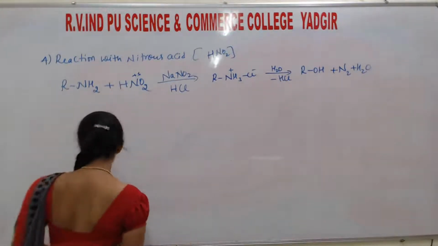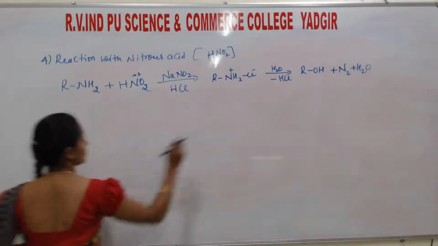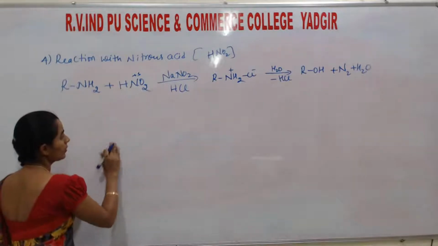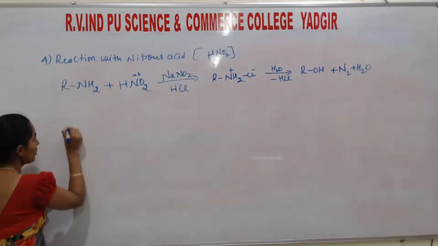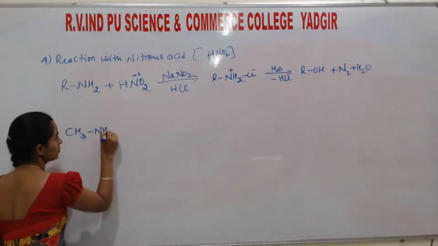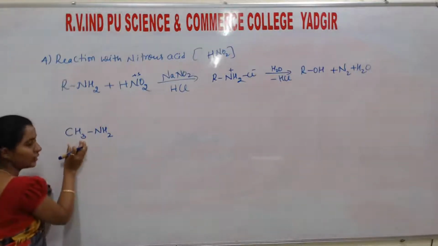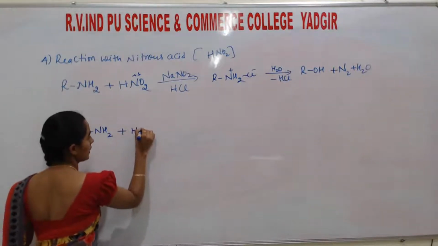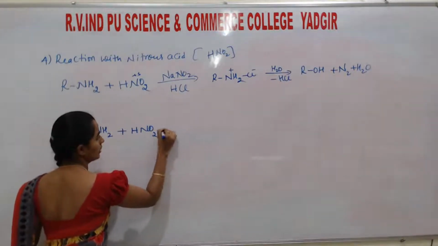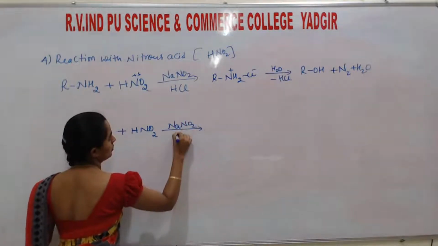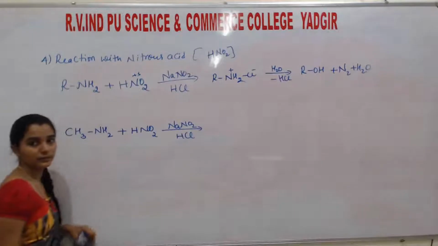Understand? So students, one thing you have to remember: instead of R, you take CH3NH2 plus HNO2 in presence of NaNO2 and HCl.